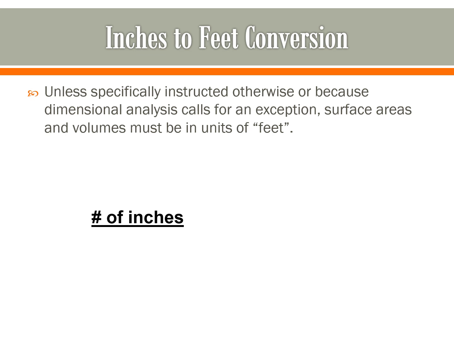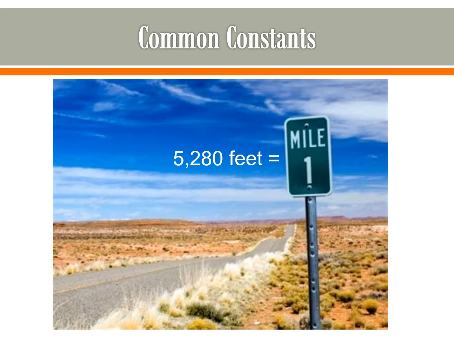So if you have, let's say, any number of inches, you want to divide that by 12 inches per foot. So the common units of measurement cancel each other out, and you're left with however many feet that number would have represented. So, like in the case of 1 mile, 5,280 feet is the equivalent of 1 mile.